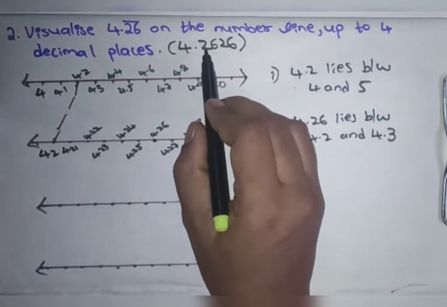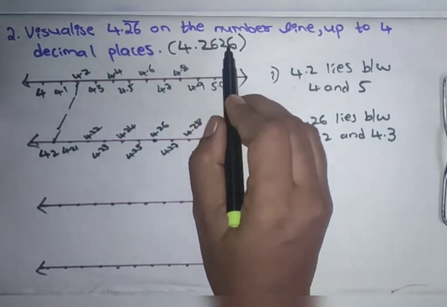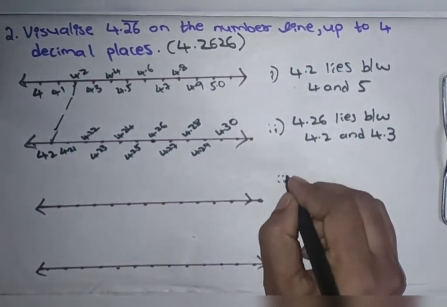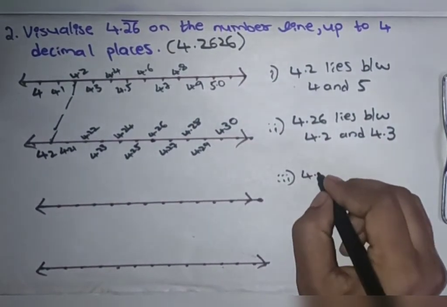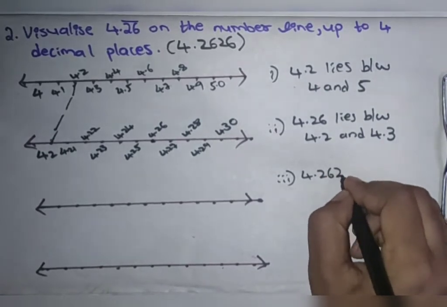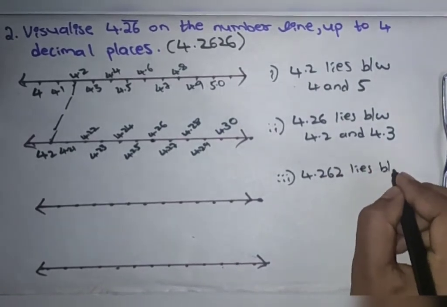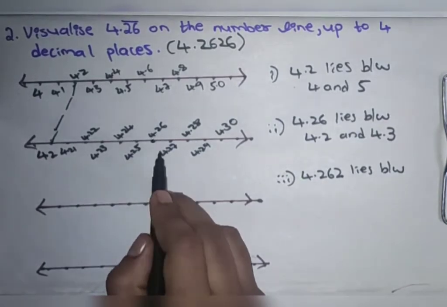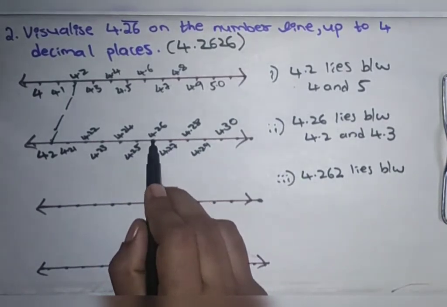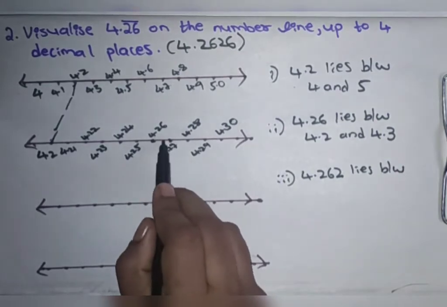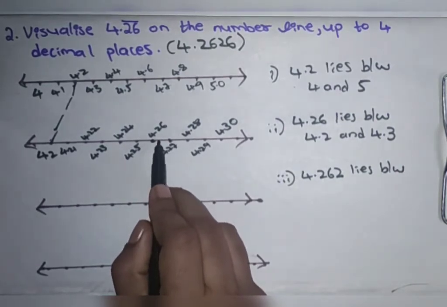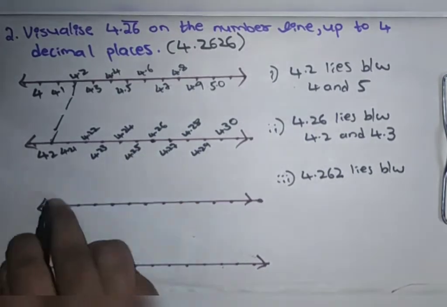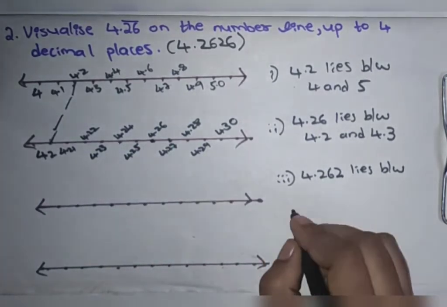Now again we want 4.262. Third step: 4.262 lies between 4.26 and 4.27. Between these two numbers you have 4.262. So that we will magnify here. Very good.